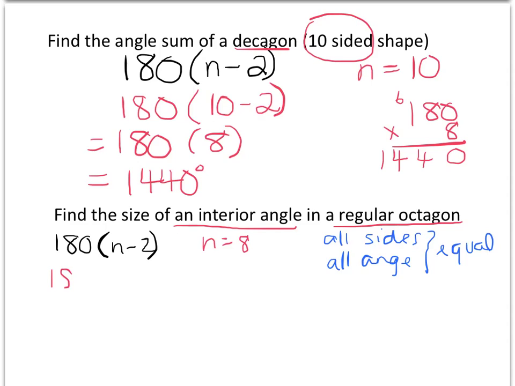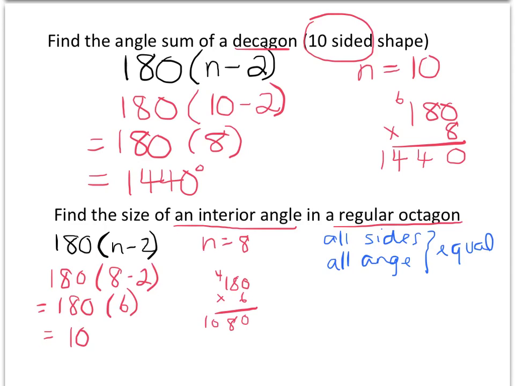Substituting n equals 8 into my formula gives me 180 degrees times 6, which is 1,080.